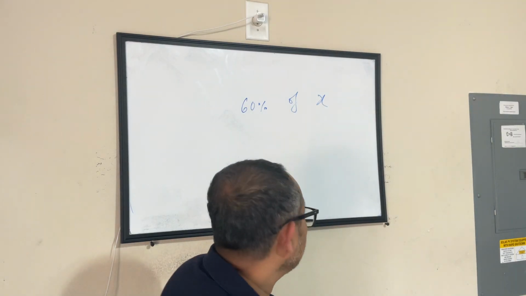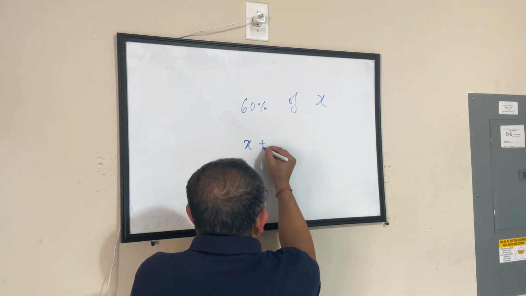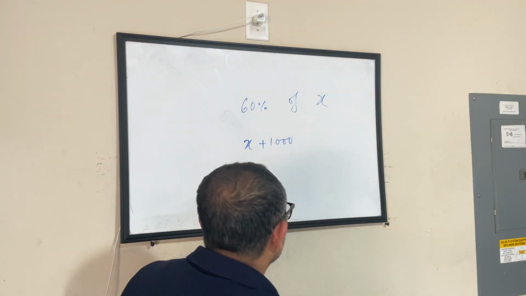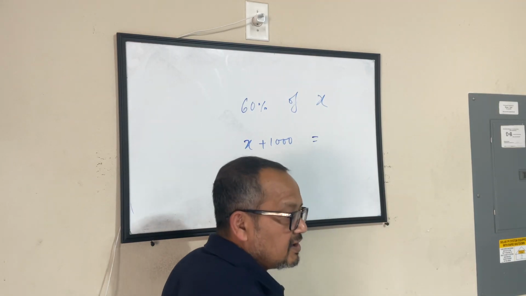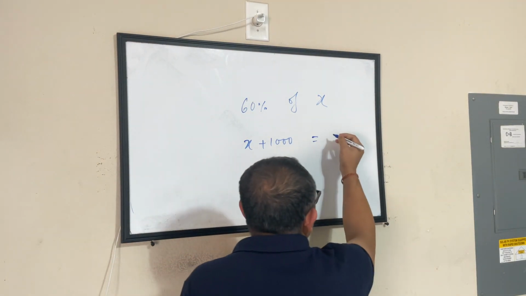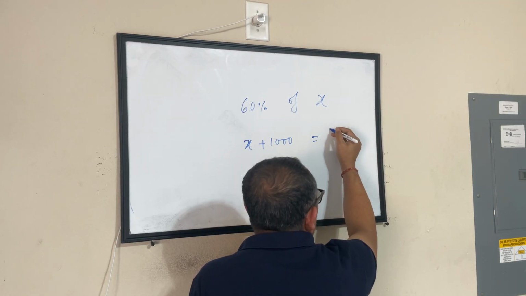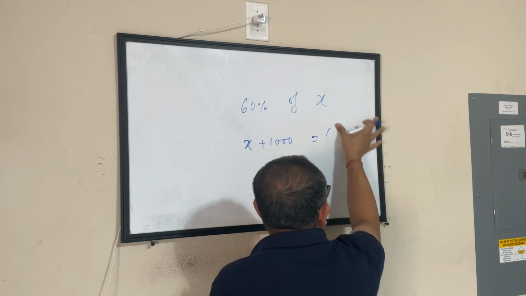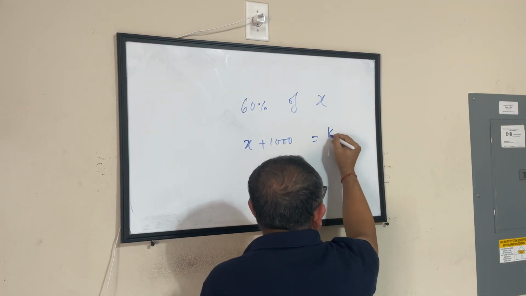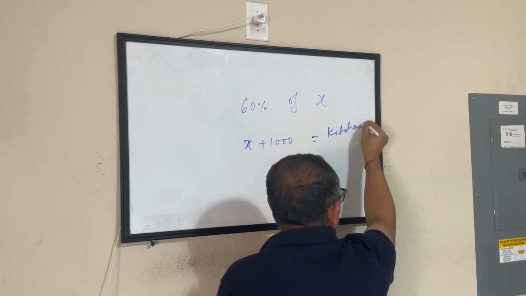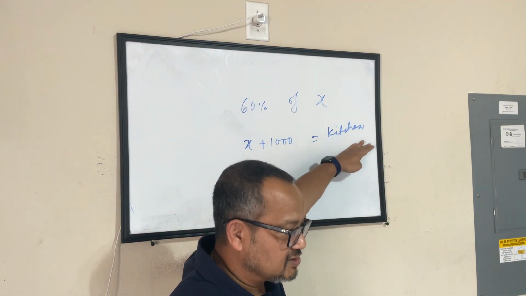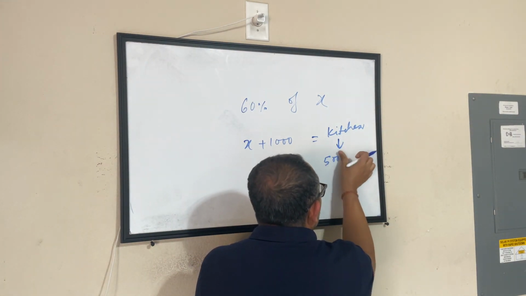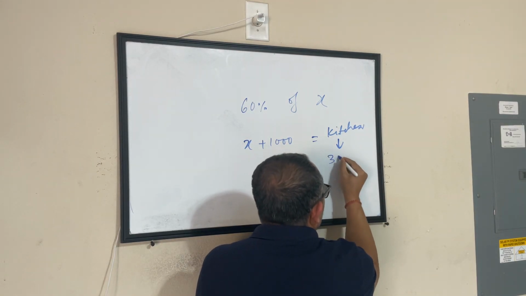If I add another $1,000 to that, I will be able to buy a kitchen set, or I will be able to remodel my whole kitchen, which needs, let's say, $3,000.